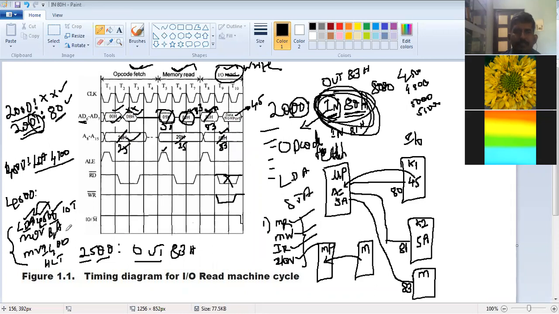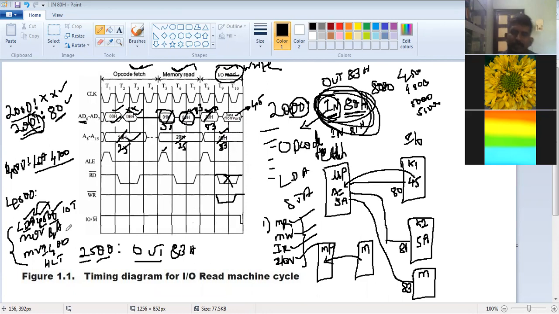How many T states for MOV B, A? Yes, you are right. Only alphabets are there. That will be opcode fetch. Operation is mentioned with alphabets.